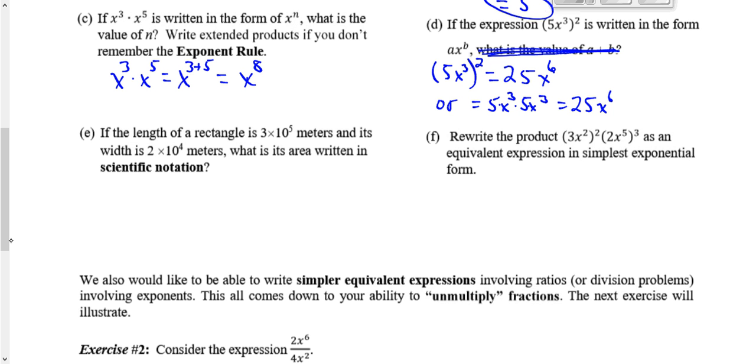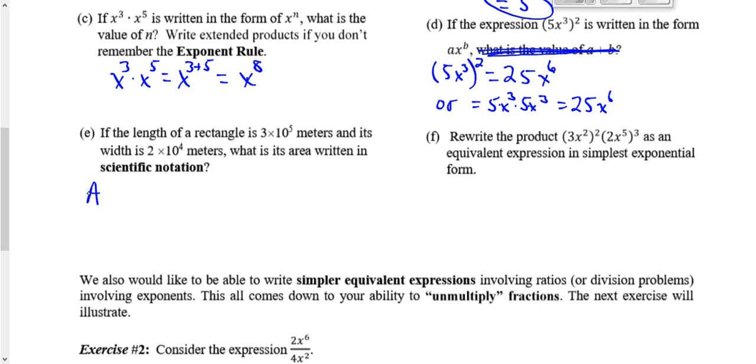So wouldn't that just be a 3 followed by 5 zeros? Yeah. Okay? And this would be a 2 followed by 4 zeros, right? What is its area? So this is the length and width. How do you find the area of a rectangle? Multiply length times width, right?